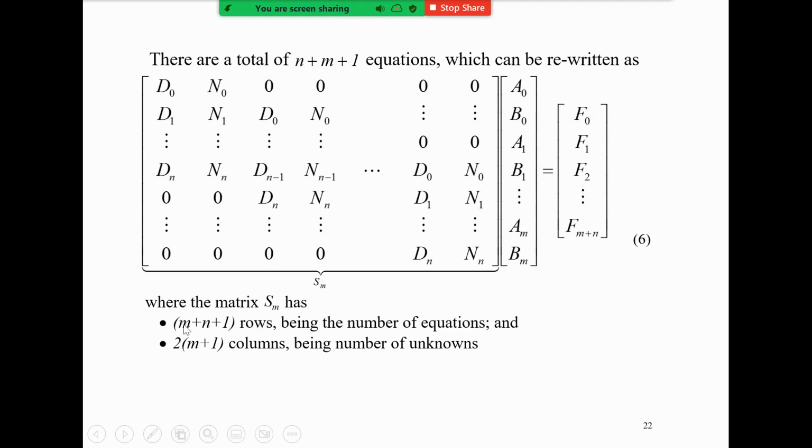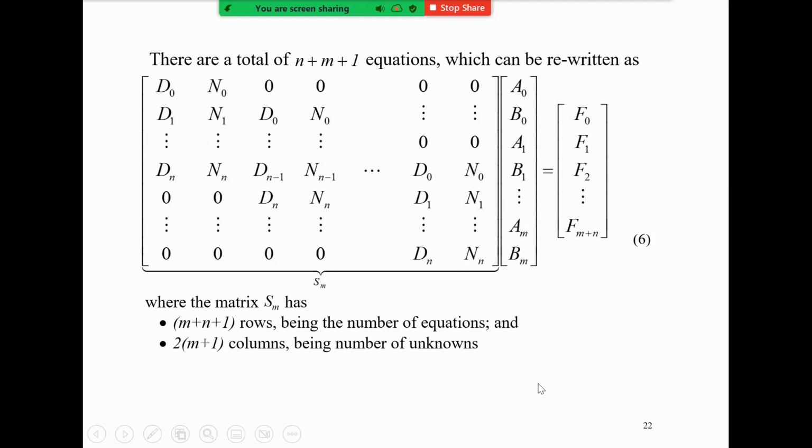That's why it has m plus n plus 1 rows, the number of equations. And those are the number of the design parameters. Of course, A has n plus 1, B also has n plus 1 in total. We have 2 times n plus 1 design parameters in this column vector, right?